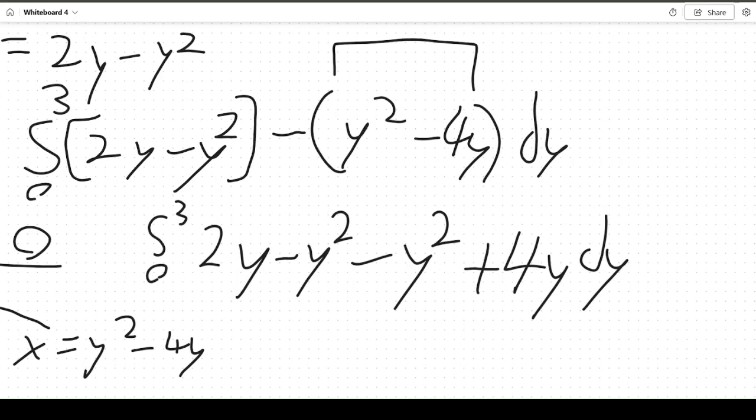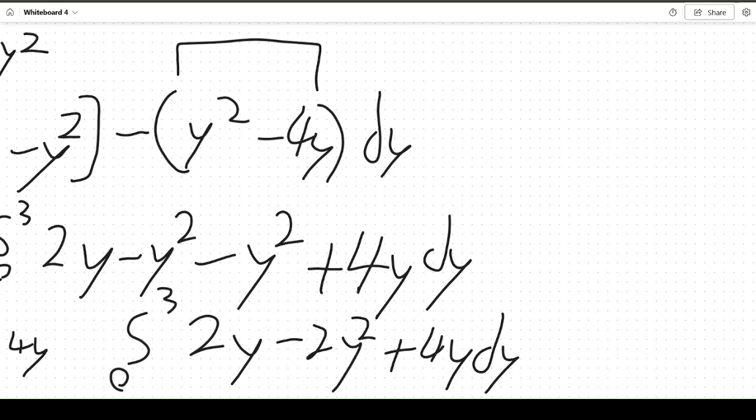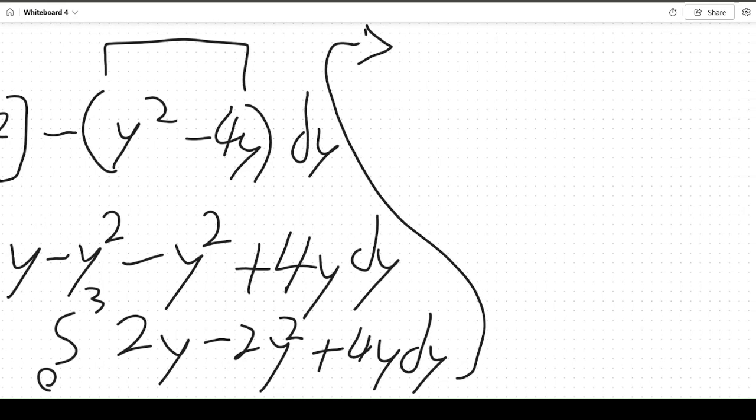And we were left with this function, dy. So 2y minus 2y squared plus 4y dy from 0 to 3 in terms of y. So now let's integrate.